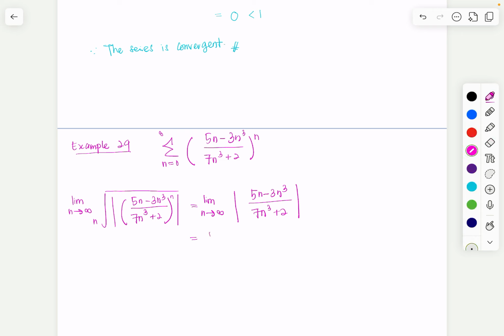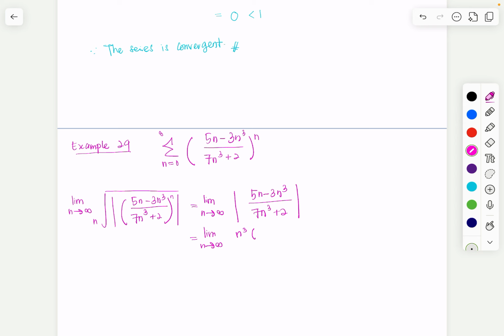Okay, so this one we can simplify to find the limit. So I factorize the biggest n, I try to factor out the n with the highest order. Okay, so n cubed.